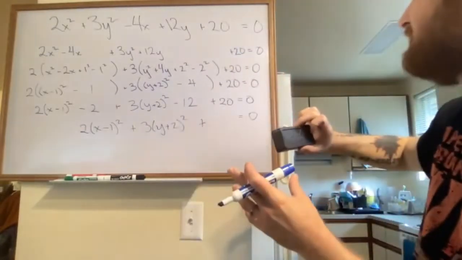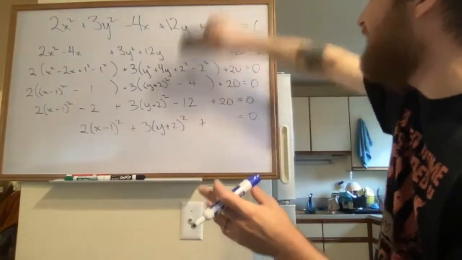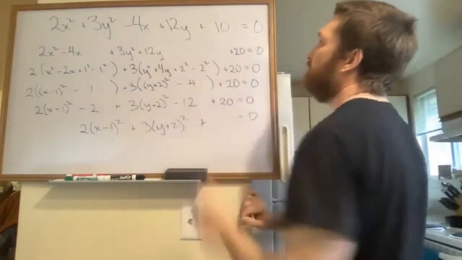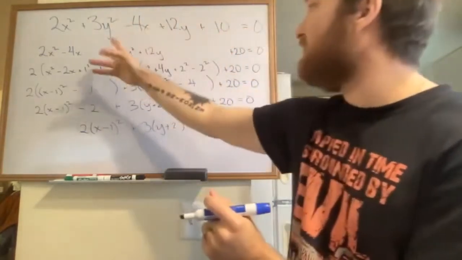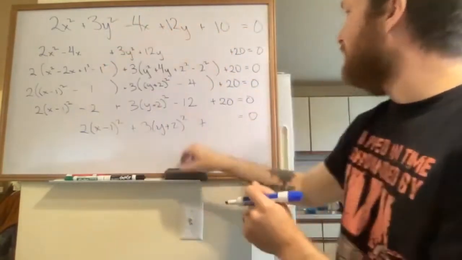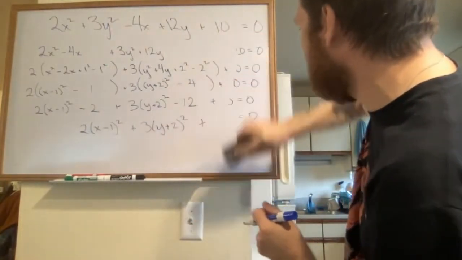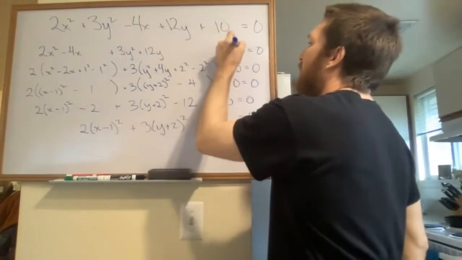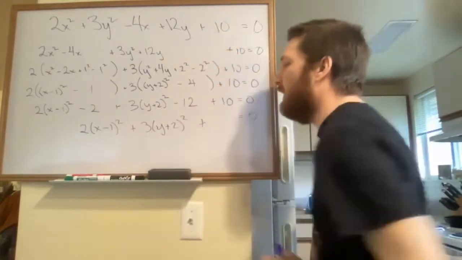For instance, if this had been, say, 10 at the beginning, we would have done the same thing. We would have brought all of our stuff over here and completed the square. The only difference is that each one of these would have been plus 10, plus 10, plus 10, all the way down.